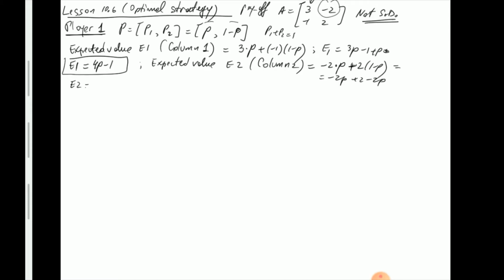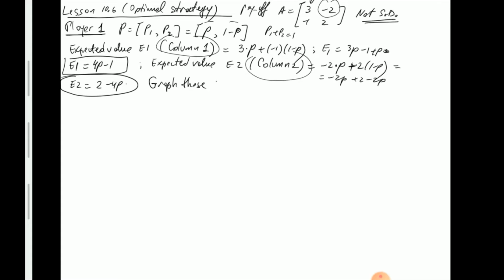The second possible expected value is going to be 2 minus 4P. Keep in mind, we call them E1 and E2 because they happen if the opponent chooses column 1 or column 2.